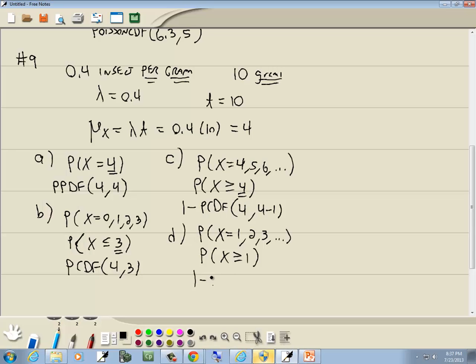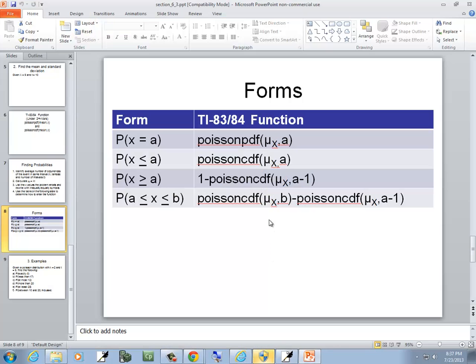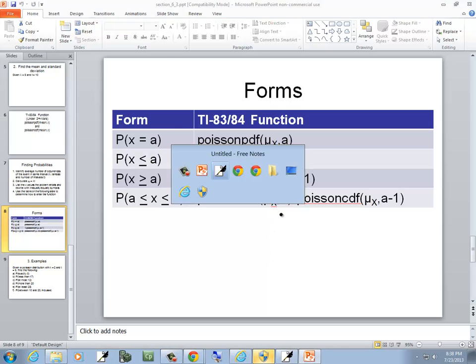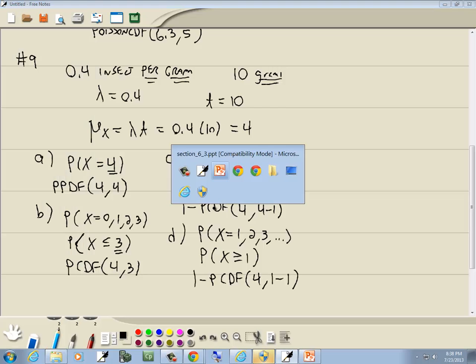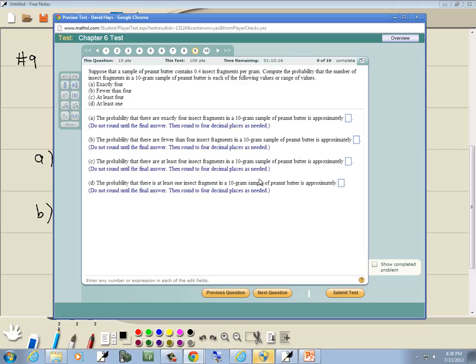So we're going to have 1 minus Poisson CDF, our mean, which is 4, and A minus 1. So this is our A, so we'll have 1 minus 1, or we could put 0 there, and that'll give us our answer. Hopefully with those two examples, using that chart makes sense.